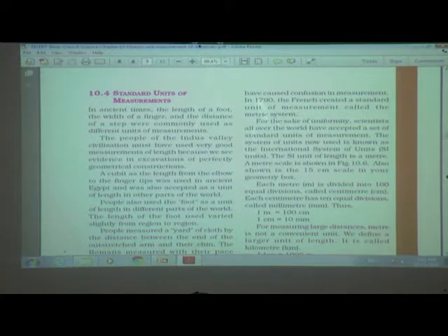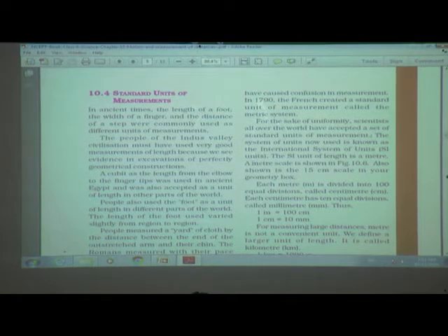For the sake of uniformity, scientists all over the world have accepted a set of standard units of measurement. The system of units now used is known as the International System of Units, that means SI units. The SI unit of length is a meter.